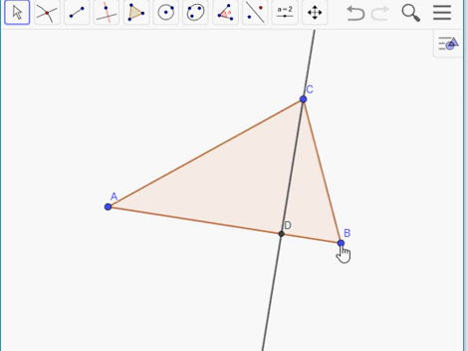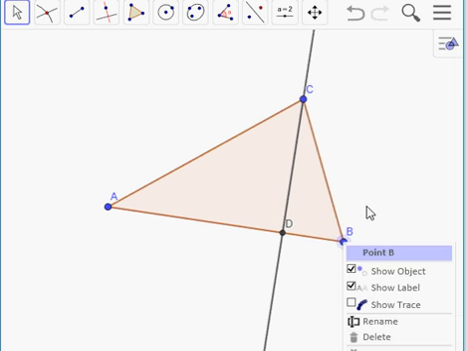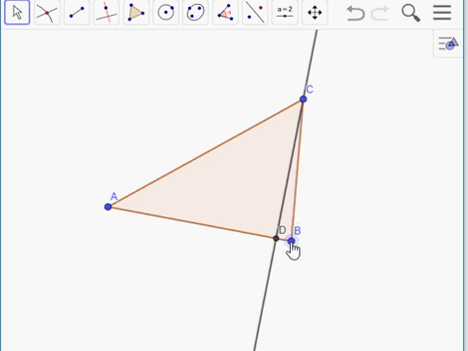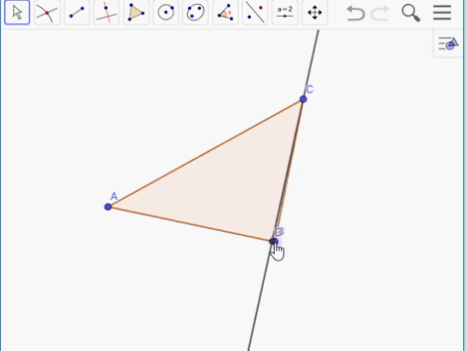But notice, start moving point B. If point B starts getting closer to being a right angle, this altitude eventually, when point B is right here, where point B is a right angle and triangle ABC is a right triangle, then the altitude actually is this side. Point B is kind of hiding under point D, but it's really the same point. And so CD is a side of the right triangle, and it's also an altitude of the triangle because it is perpendicular to the other side.